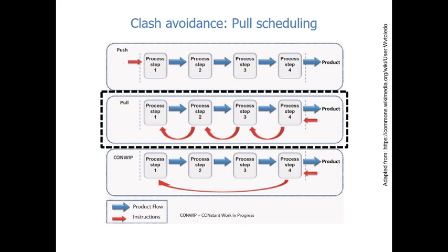That's the WIP, right? Pull scheduling is here. That's push scheduling, and that's pull scheduling. That's construction WIP scheduling. So pull scheduling, as you notice, has a feedback loop at every stage.